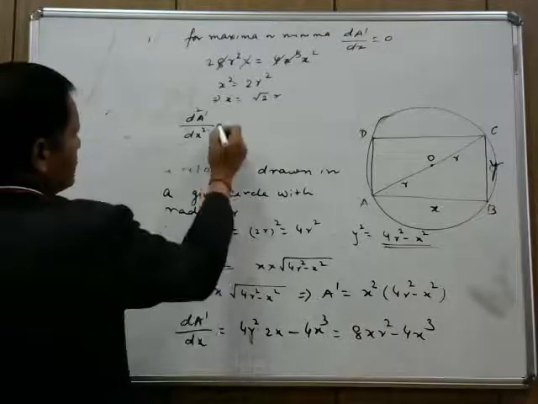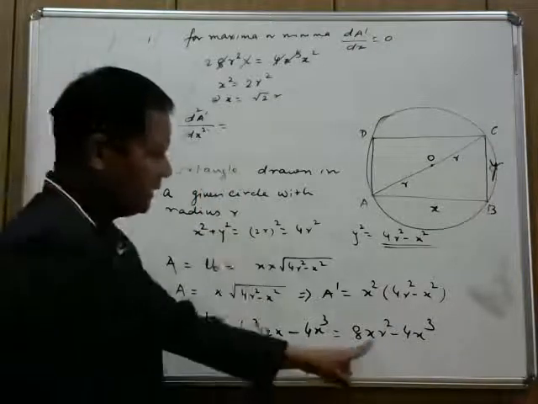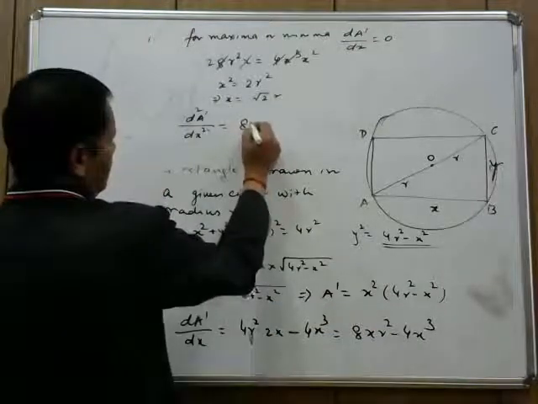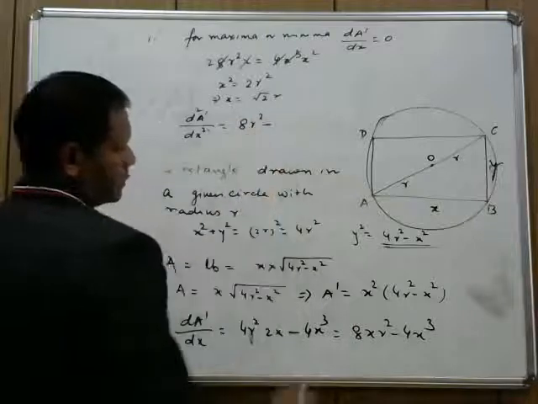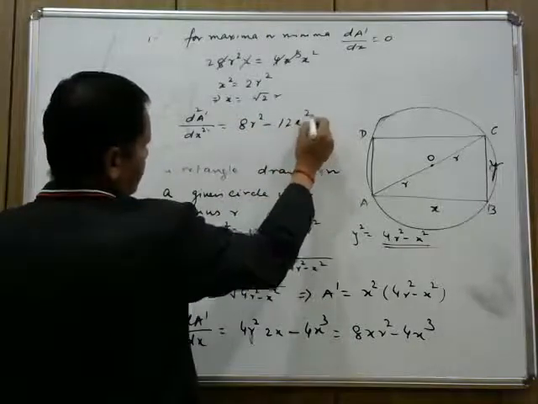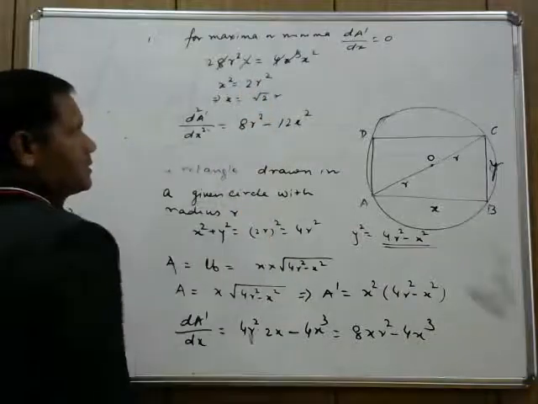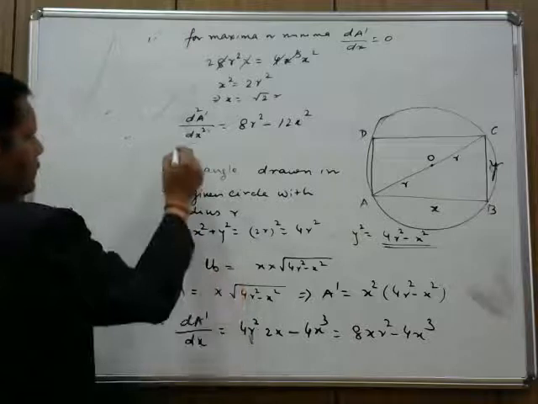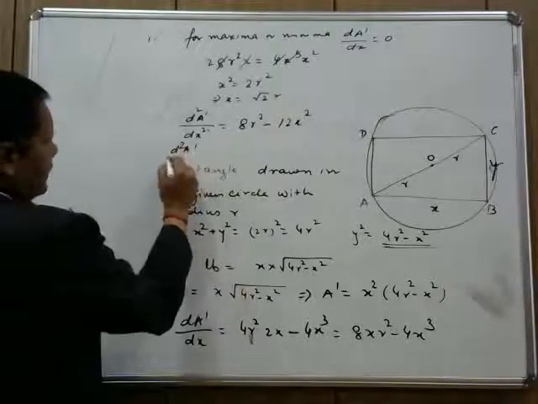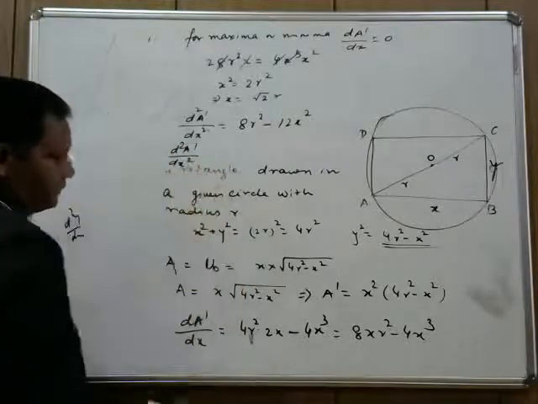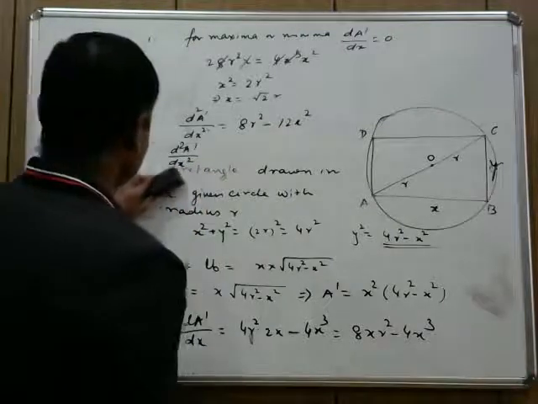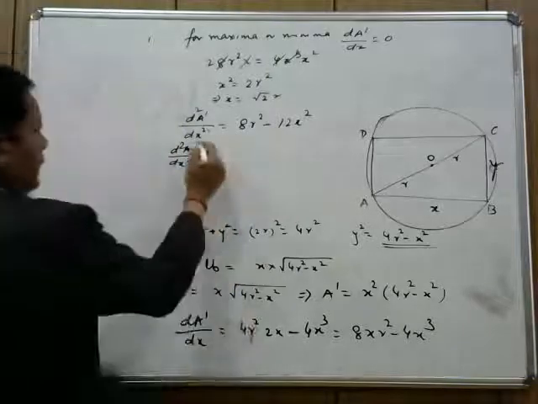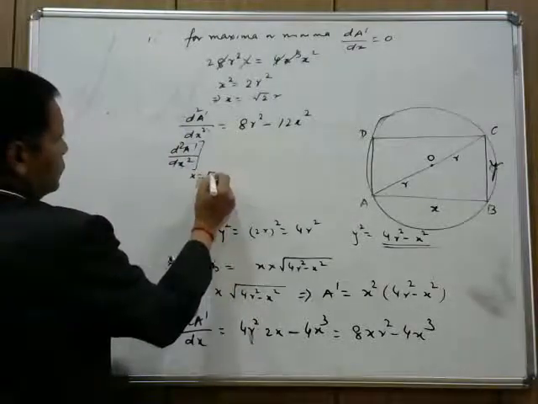Right, d2A dash by dx square is equal to 8r square minus 12x square. And x square is equal to how much? 2r square. So now if I put the value of x square as 2r square, I will find out d2A dash by dx square at x is equal to root 2r.